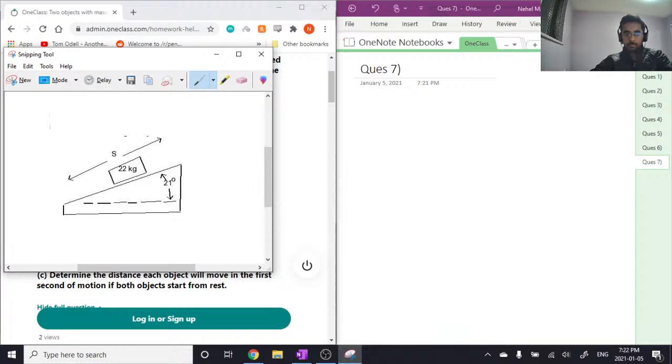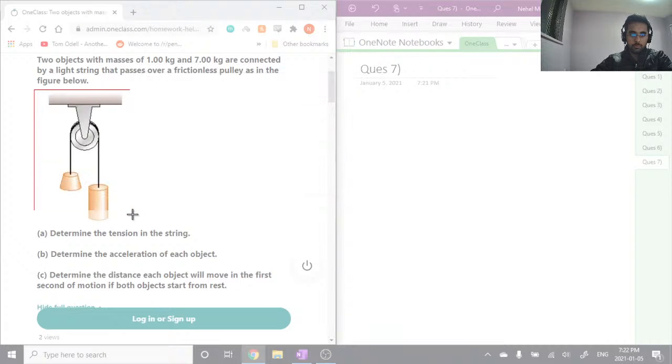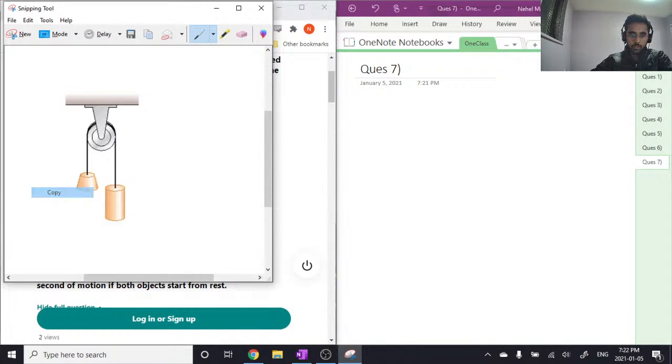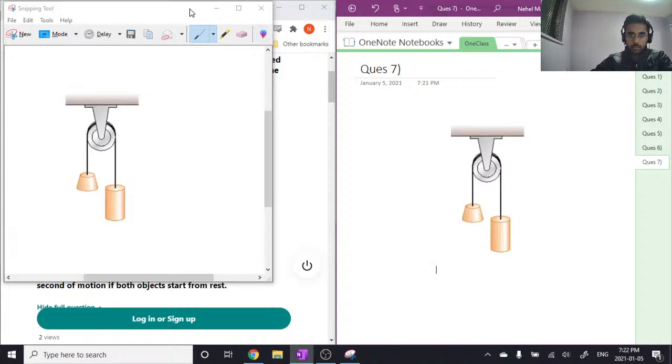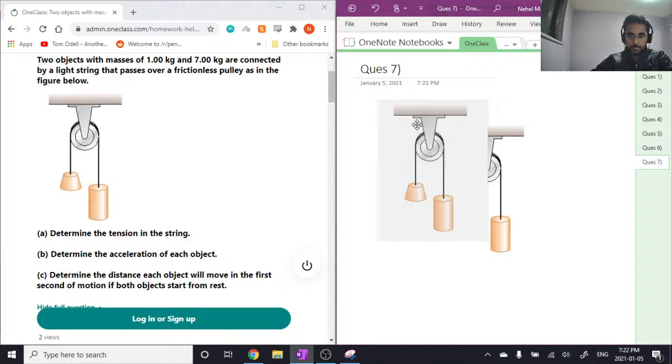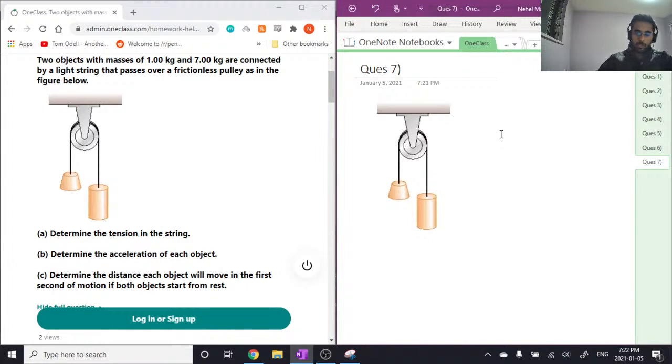Okay. So let's copy this diagram over. We're given the two masses to be 1 and 7 kg. So the first step would be to draw the free body diagrams.